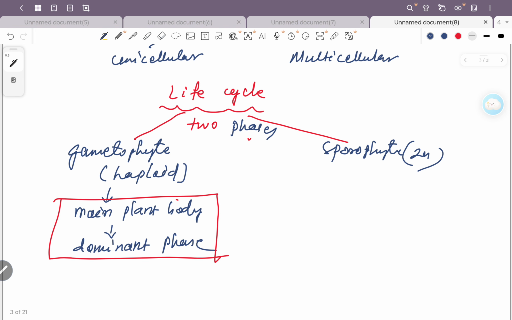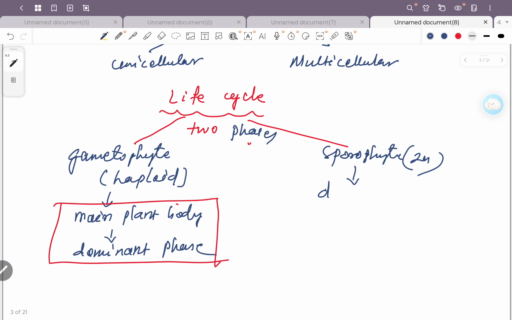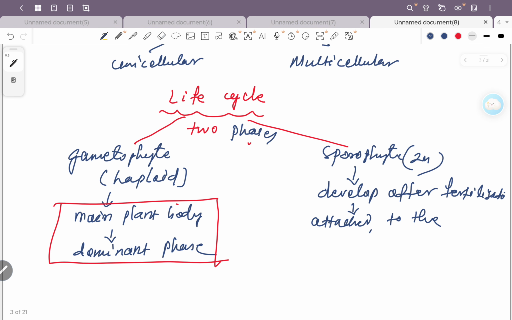But the sporophytes develop after fertilization, and they are attached to the gametophyte.